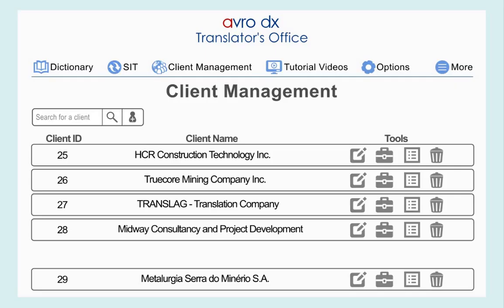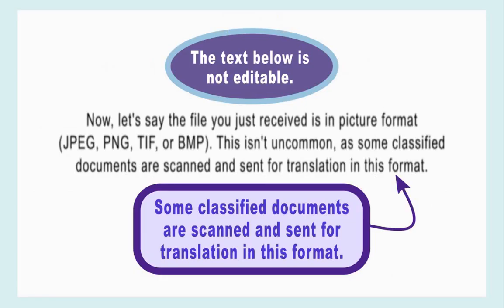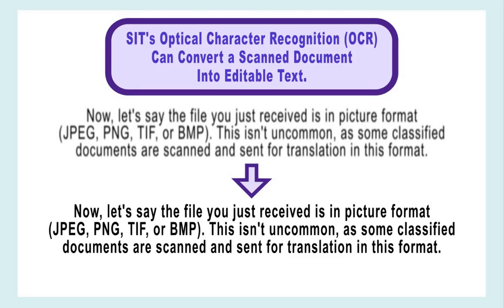Now, let's say the file is in picture format. For instance, JPEG, PNG, TIFF, or BMP. This isn't uncommon, as some classified documents are scanned and sent for translation in this format. In such cases, CIT uses its own OCR, optical character recognition, to convert a scanned document into editable text.